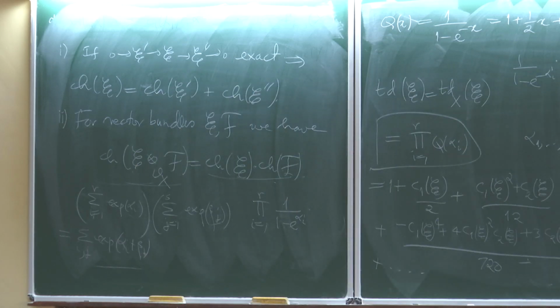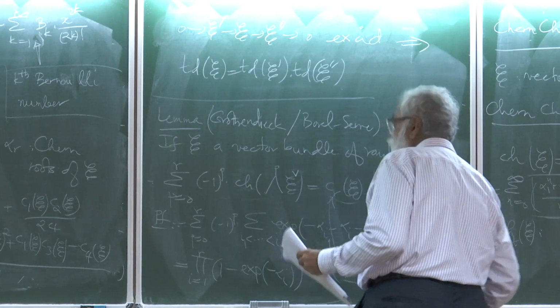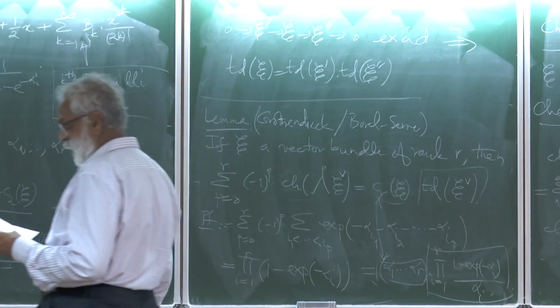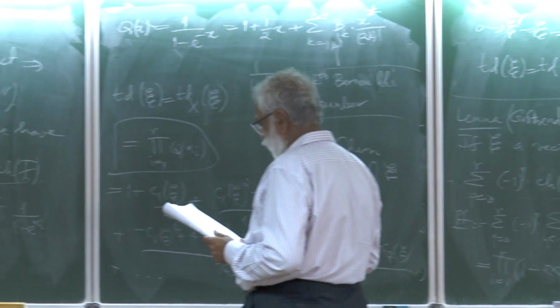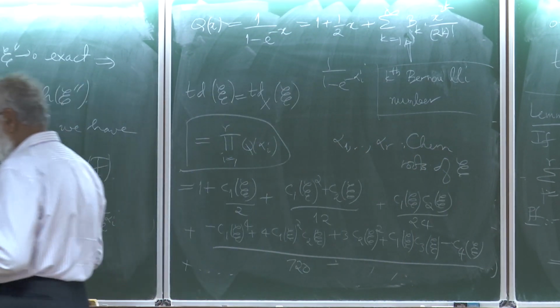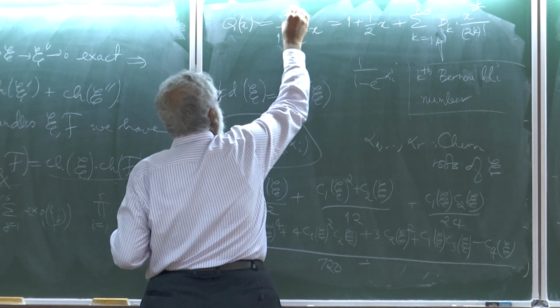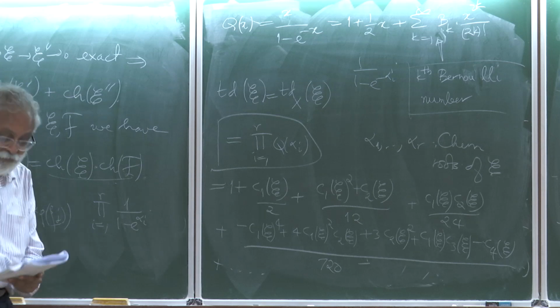Why is that correct? I don't see it right away. Can I have written the wrong formula for Todd? One second. It's possible. I think you're correct. I made a mistake. The formula for Todd involves the x. I have a typo in my notes.